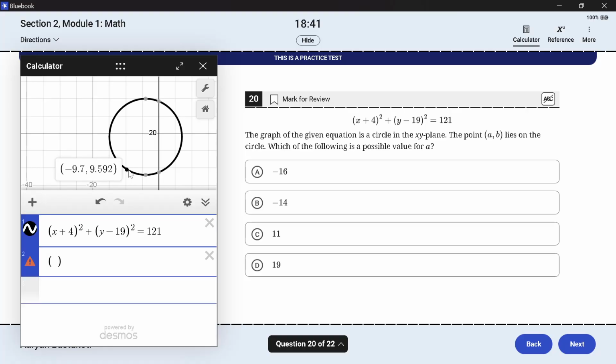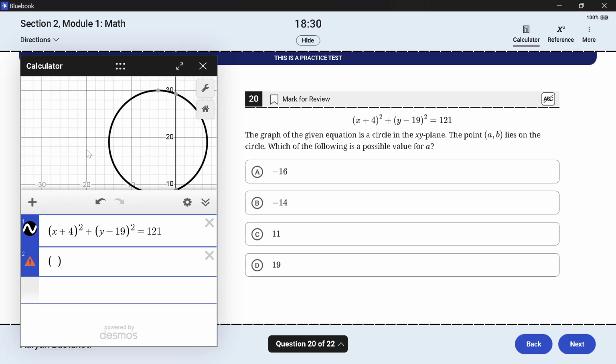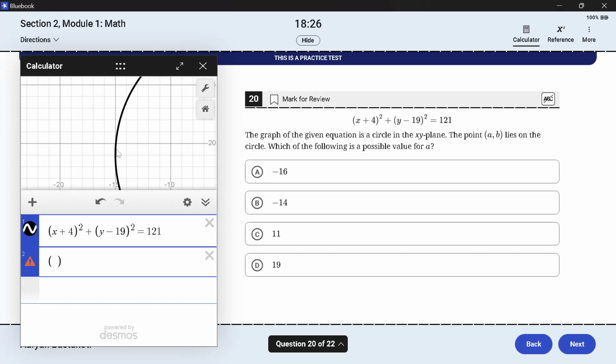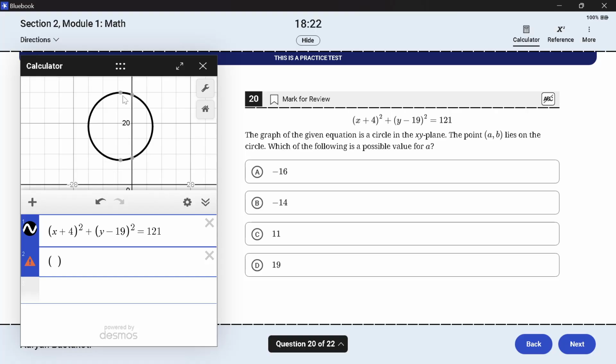The y values should be between 8 and 30, and the x values should be between... we do not know the maximum x value, but still 8 and 30, and the x value should be around here, which is, yeah, minus 15 is the minimum x value, and 7 is the maximum.